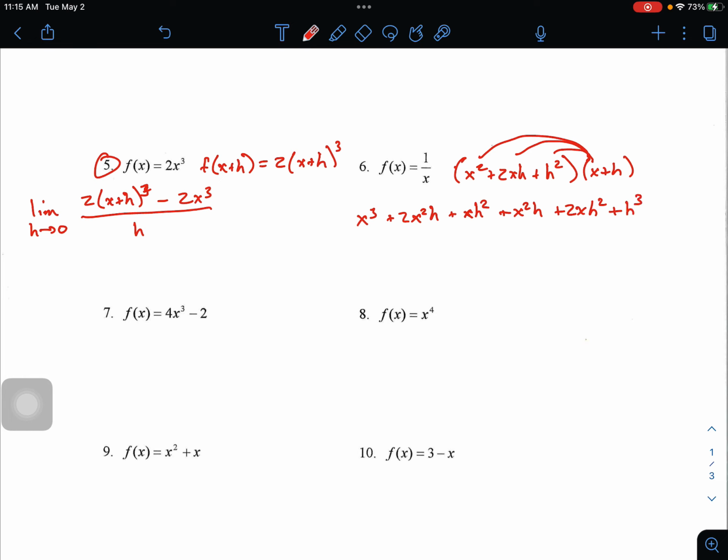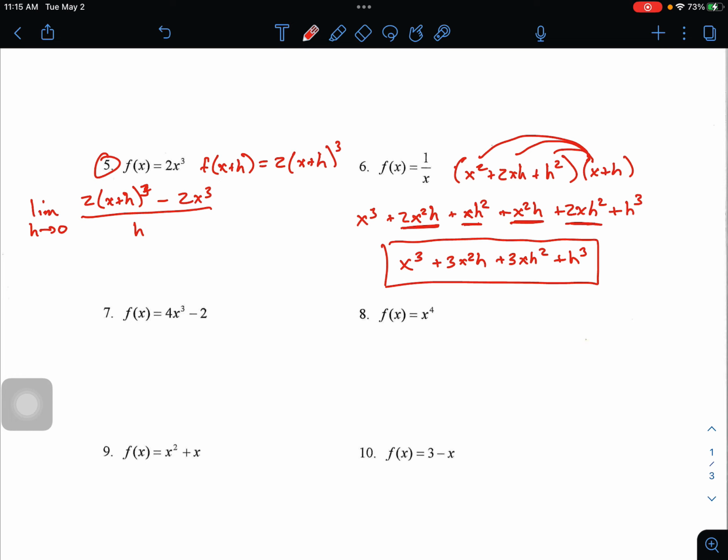And now if we clean up any like terms, we've got x cubed, there's no other x cubes. We've got 2x squared h's, and then here's another one for a total of 3x squared h. We've got an xh squared and a 2xh squared for a total of 3xh squared. And then we still have plus h cubed, okay? So that is x plus h cubed.